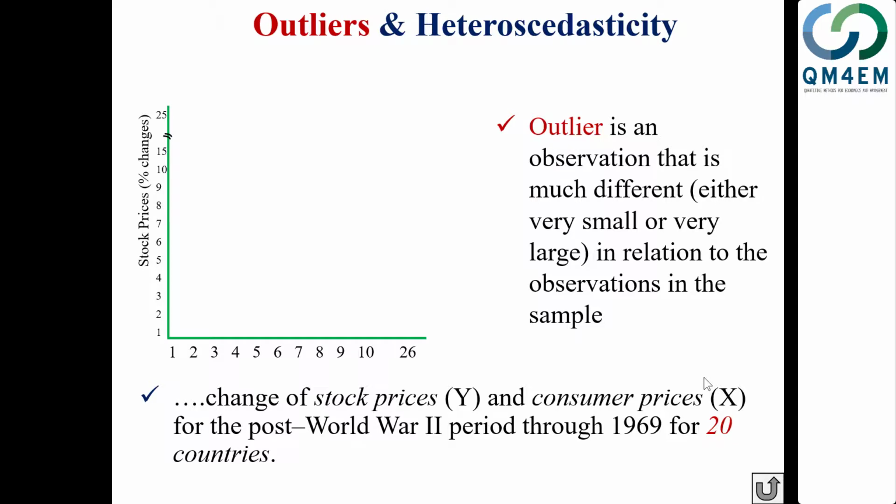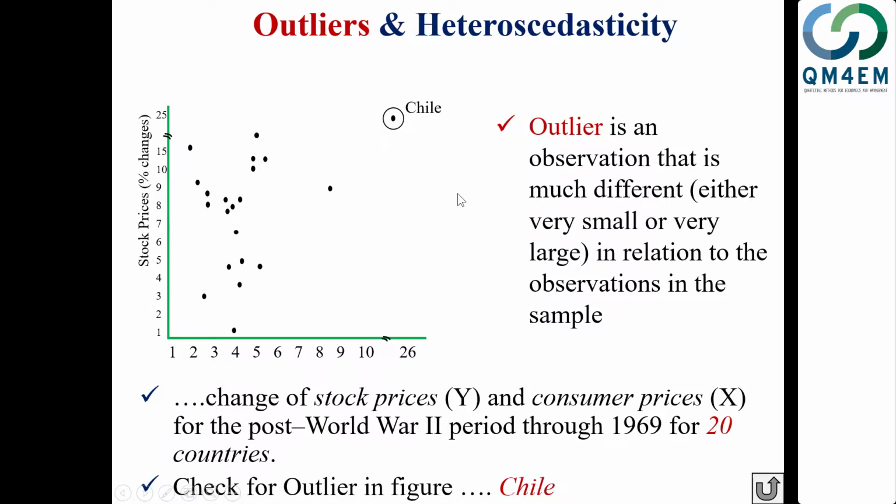When we plot this data, you can see all the combinations of x and y values are more or less in the range of 9 up to 20. Then you have one observation, for the country Chile, which is close to 25 or 26. So this is an outlier. Including this outlier in the data would cause heteroscedasticity in our data.